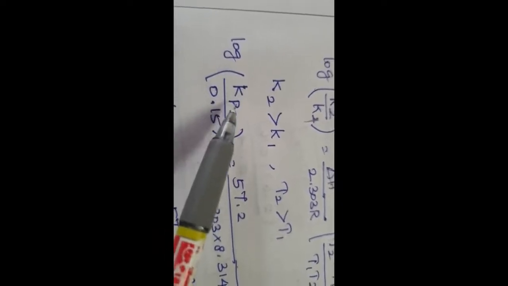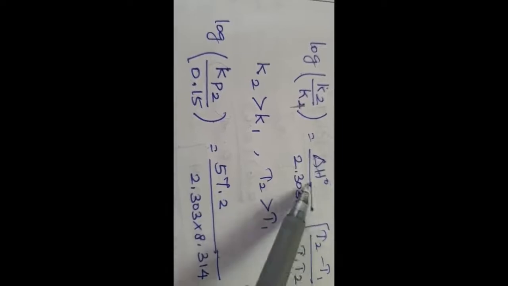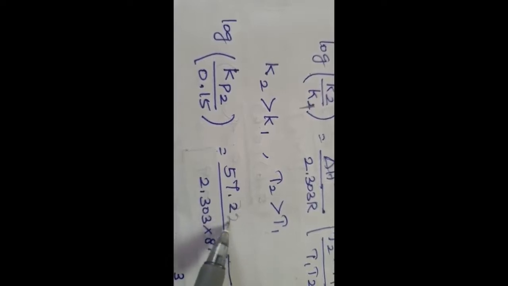So log of Kp2 divided by Kp1 you have to calculate. Kp1 is given, 0.15. Just substitute the values. Delta H value is given as 57.32. So 57.32 divided by 2.303 into the R value.